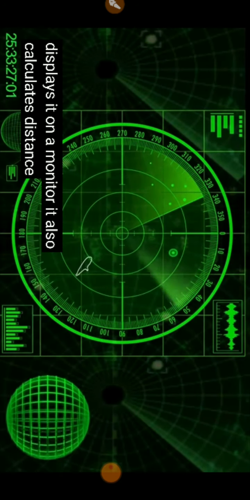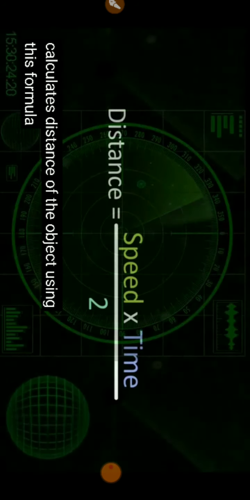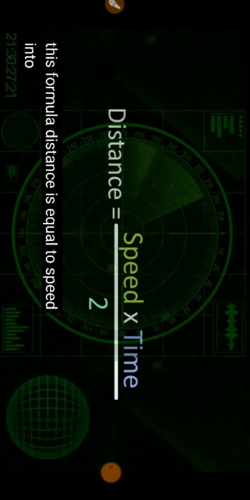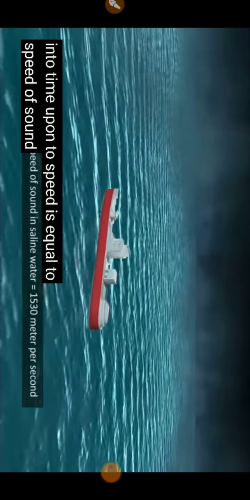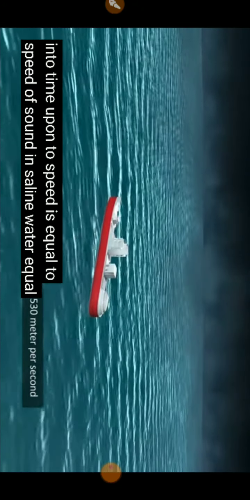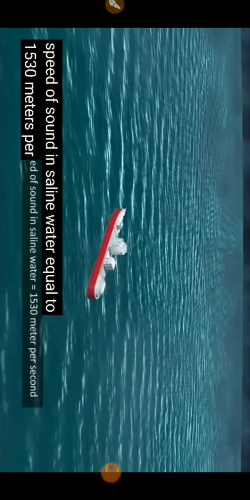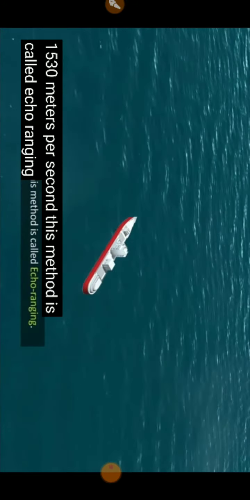It also calculates the distance of the object using this formula. Distance is equal to speed times time upon 2. Speed is equal to the speed of sound in saline water, which is 1530 meters per second. This method is called echo ranging.